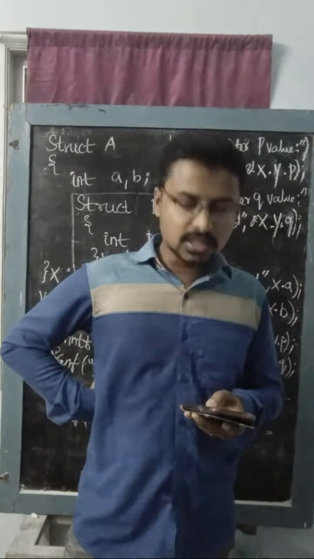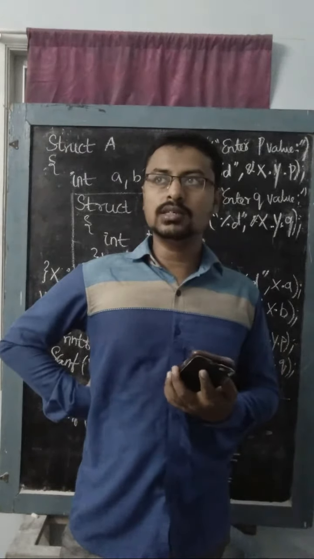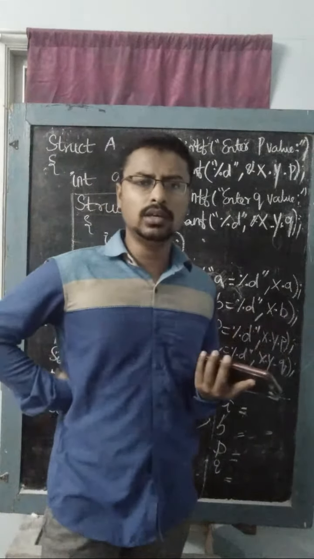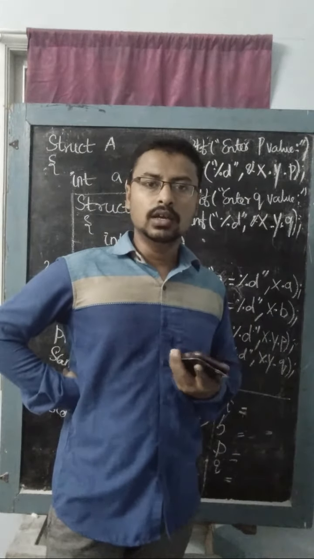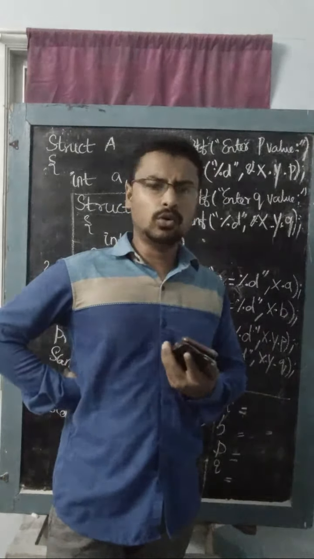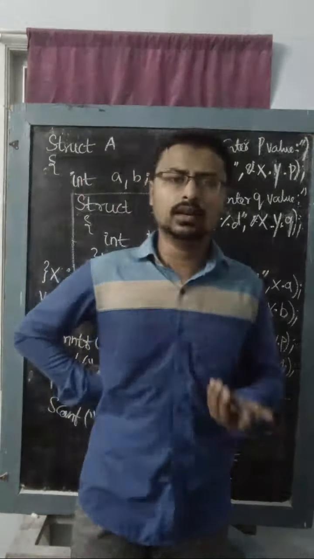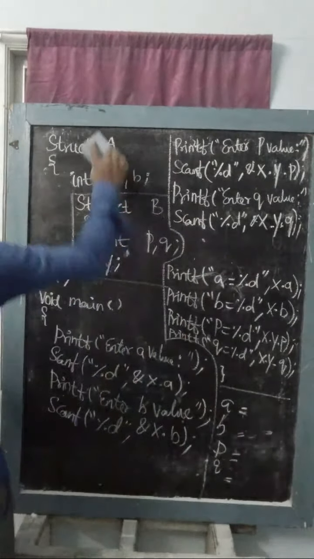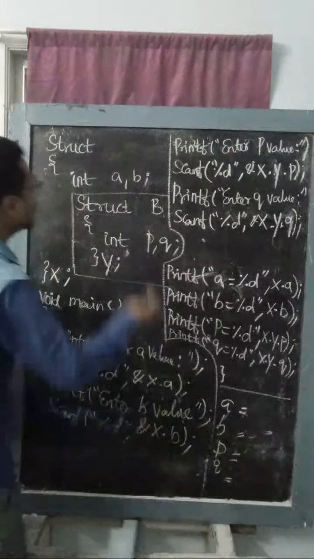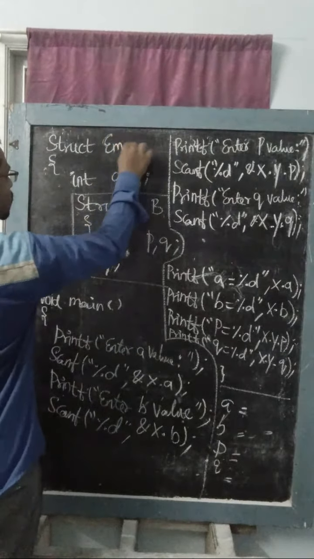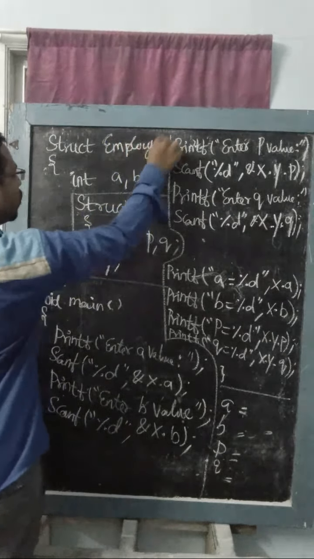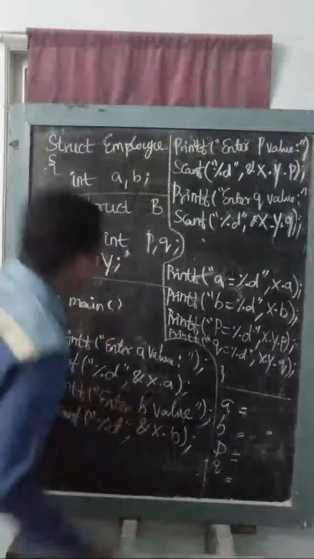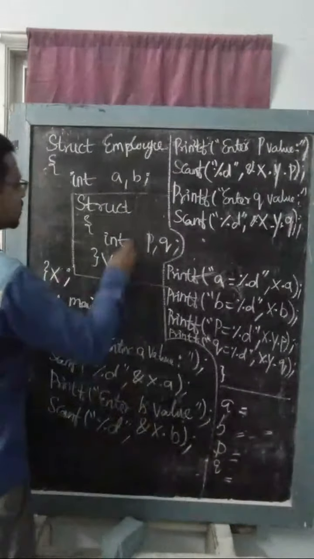Real-time use of the nested structure. For the employee we can create, for the student we can create, and for whatever applications we need, we can create. But what is the real-time use? If it is an employee, it consists of only employee details alone. But in the category of nested structure, there is salary.